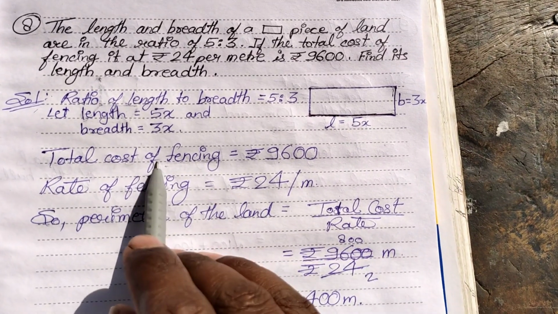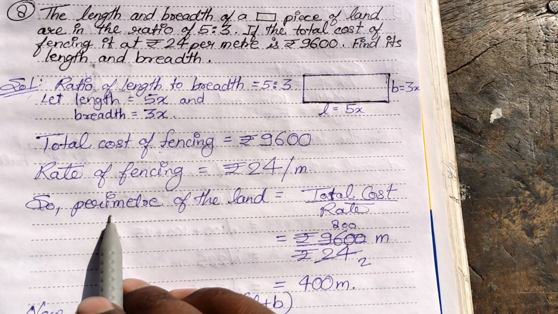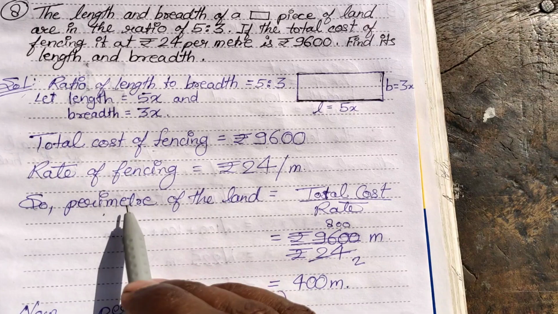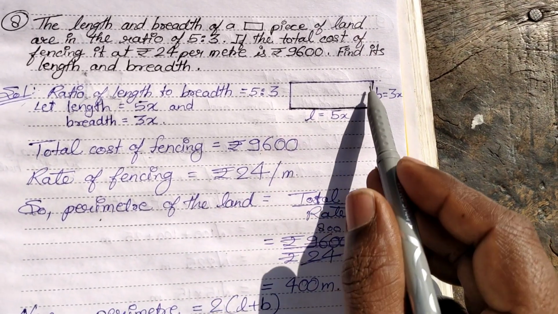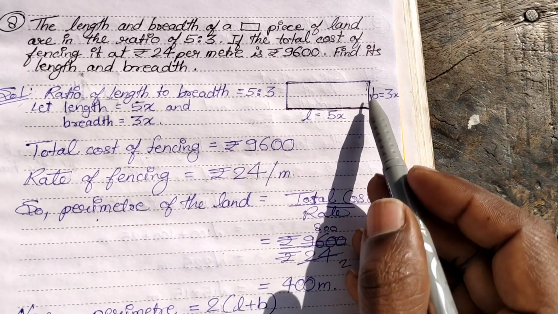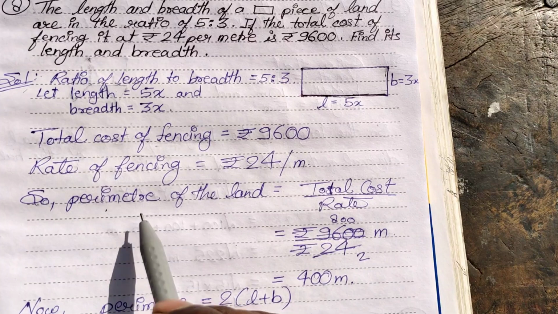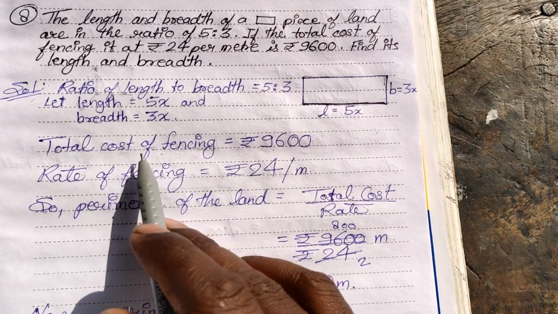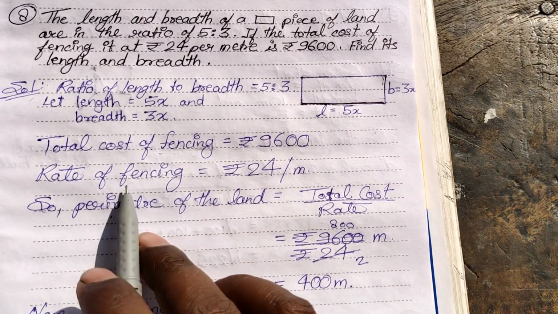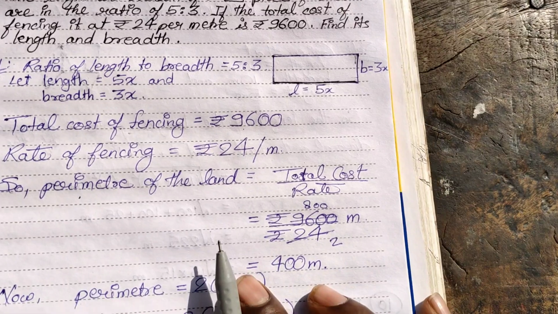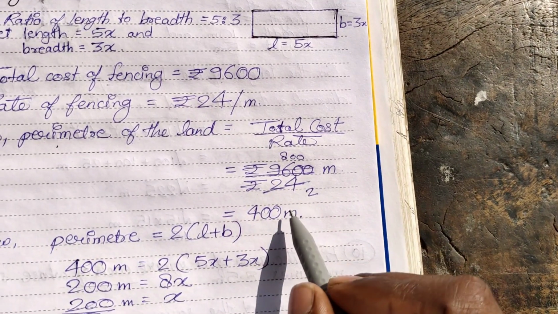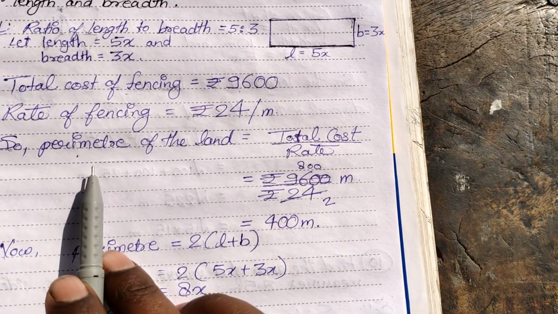Now if we divide the total cost by rate, we have the perimeter, because fencing is done around the edges. So finding the total length of the edges, we have to find the perimeter. So divided, we have 400 meter as perimeter.